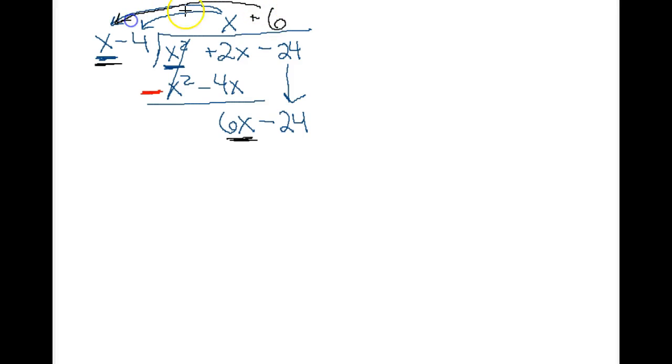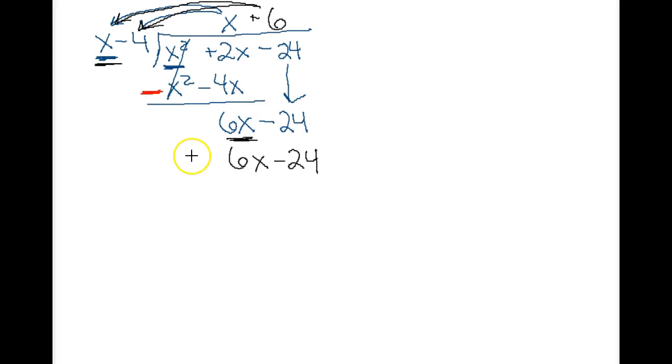Then I draw my lines to remind myself to multiply by each term. 6 times x is 6x. 6, positive 6, and negative 4 is negative 24.